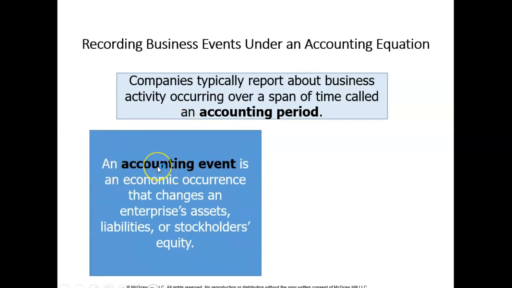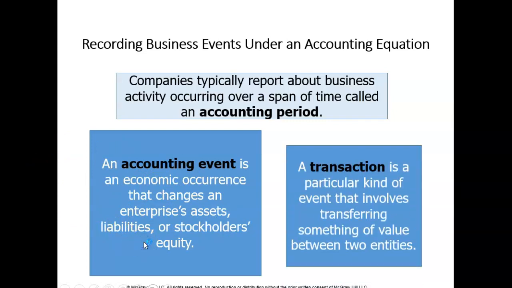So an accounting event, sometimes called a business transaction, is an economic occurrence that changes an enterprise's or business's assets, liabilities, or stockholders' equity. They work together. So a business transaction is a particular kind of event that involves transferring something of value between two entities.